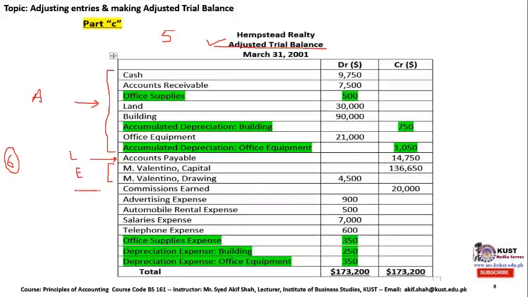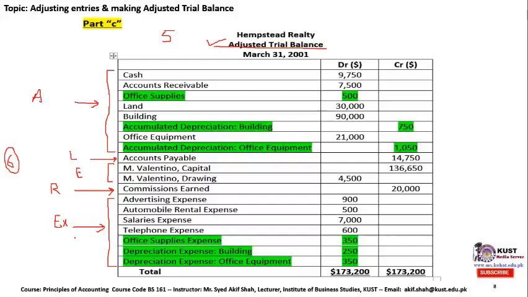Just after that we have the revenue of the company, named commission earned. After a single revenue title, we have a bunch of expenses, from advertising expense up to depreciation expense office equipment. The matching principle states that the revenue and all expenses of the same time period must match with each other in order to find out whether the company is in profit or loss.